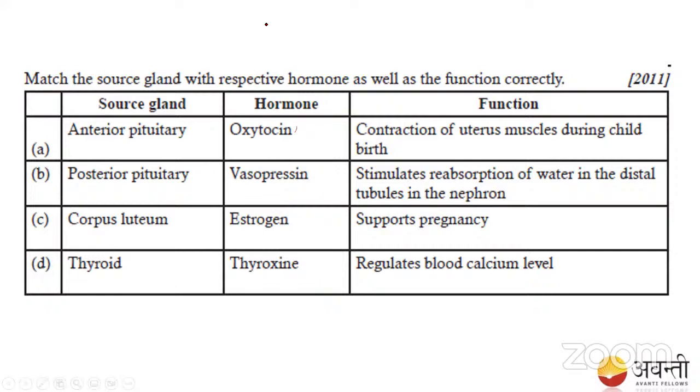So let me launch a poll. Quickly answer me through the poll. So which is the correct option? Quickly answer me, everybody. It's very easy. You can easily find out.